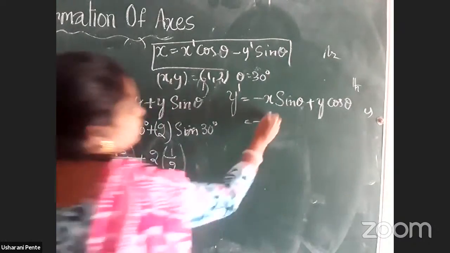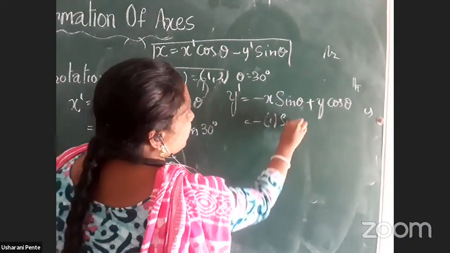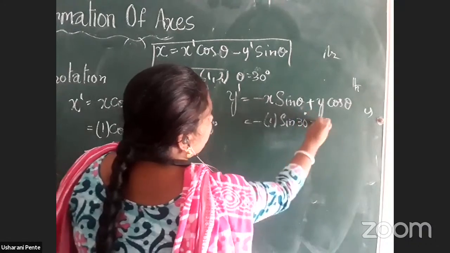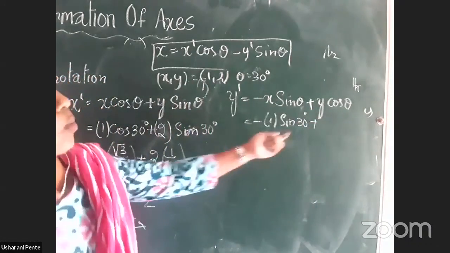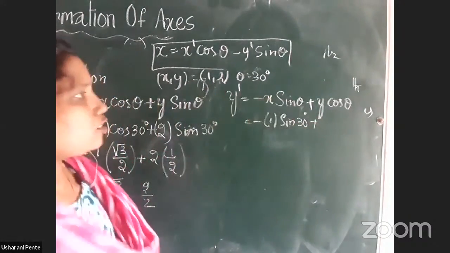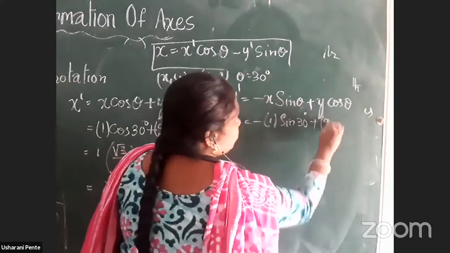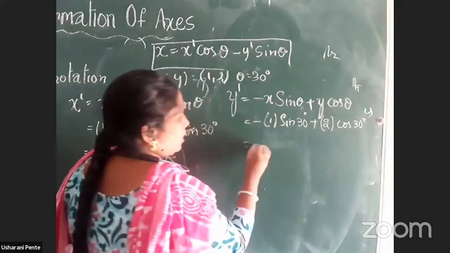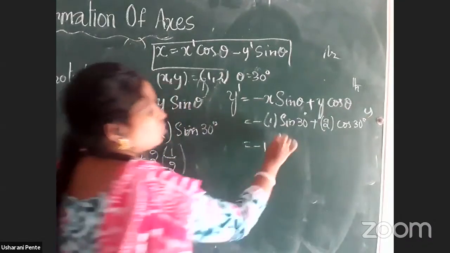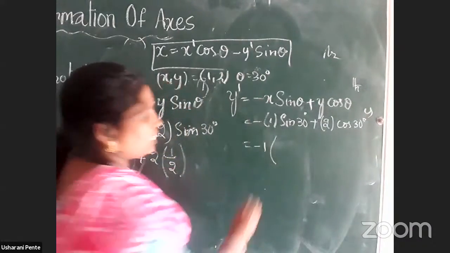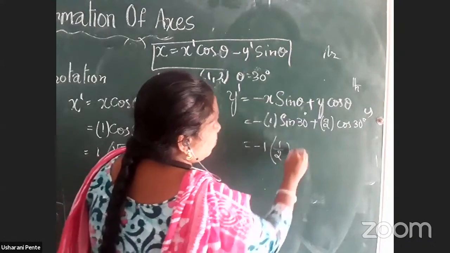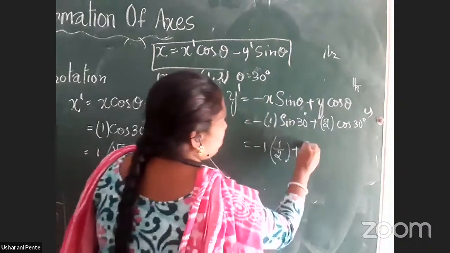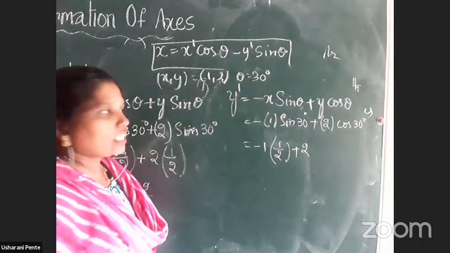So the X value is 1, with sine 30 degrees, plus the Y value, which is 2, so we are substituting 2 over here, with cos 30 degrees. So that is minus 1 into the value of sine 30, that is 1 by 2, plus 2 times cos 30.